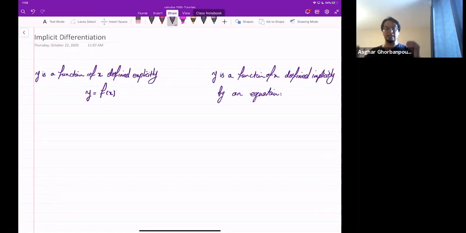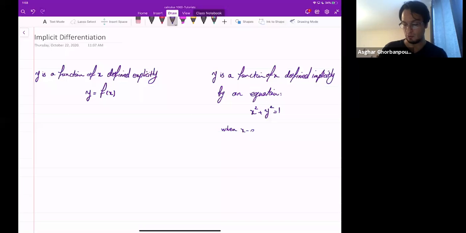Meaning what? Meaning that we are going to have an equation in x and y. For example, let's say x squared plus y squared equals 1. When you plug in different values of x, for example, when x is equal to 0, you notice that it is 0 squared plus y squared equals 1.